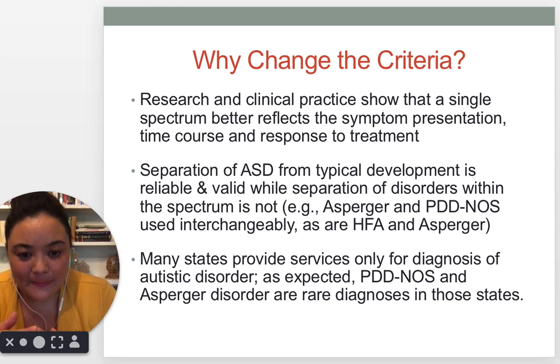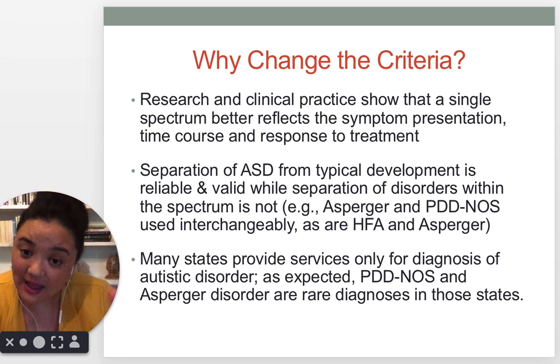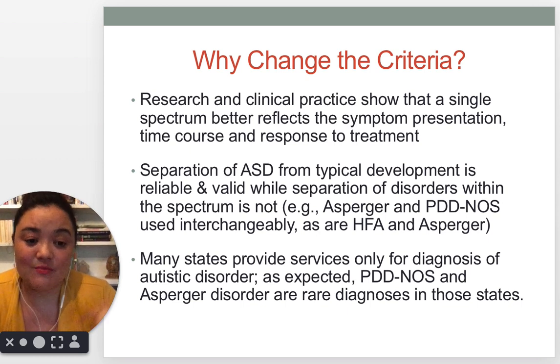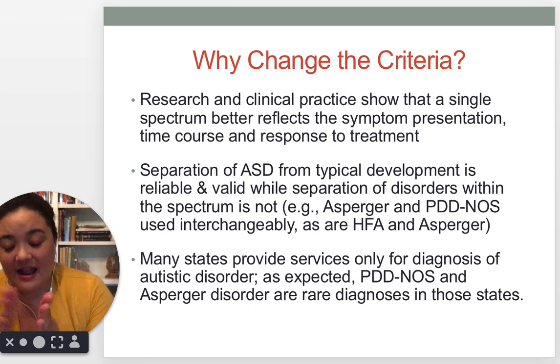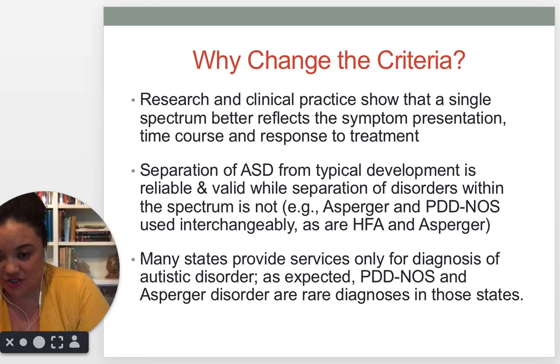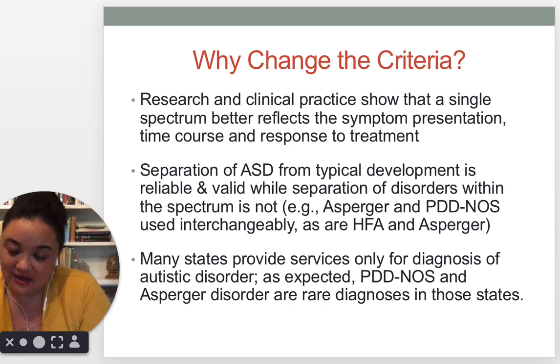Second, separating out ASD from typical development was reliable. So we can reliably separate autism from those who are typically developing. But it is much harder to reliably separate disorders within the spectrum. So again, one clinician might identify someone as Asperger's, and another clinician might evaluate that same person as having PDD-NOS, right?